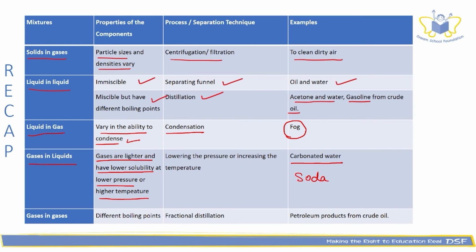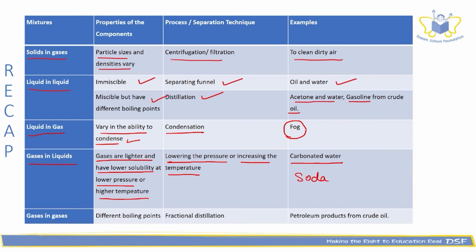So that is one mechanism by which you can separate gas from a liquid, by lowering the pressure. Or you can also increase the temperature of the liquid, making it move apart or give it more energy, and as it moves farther away from each other, it will let the gas come up easily.